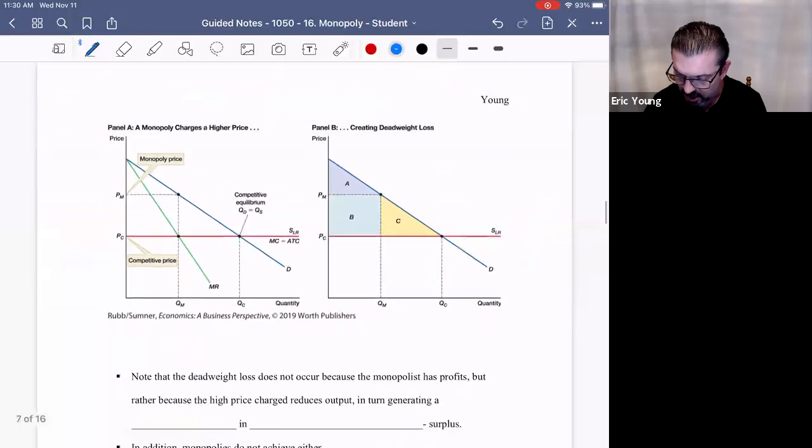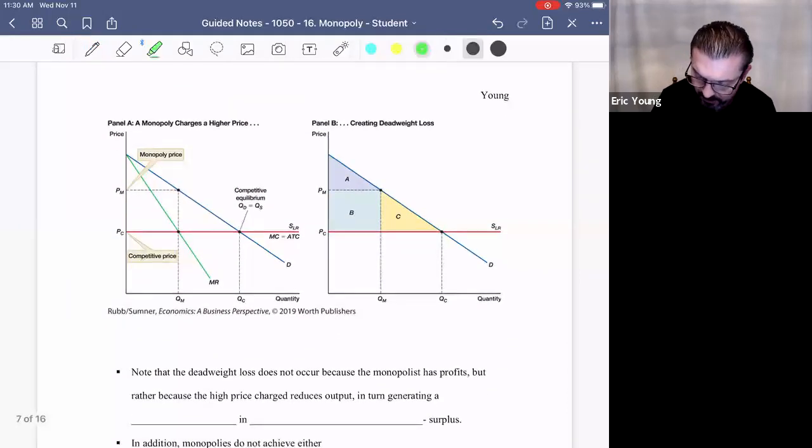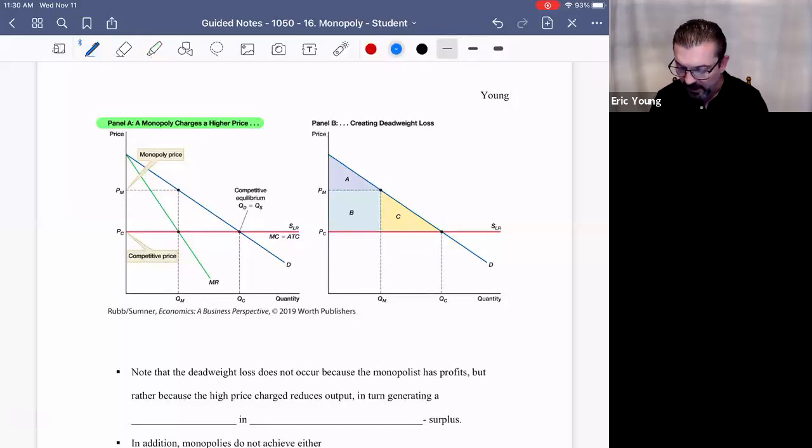Take a look here at this chart. In panel A, we've done a somewhat simplified chart. You see that we have a downward sloping demand curve here, and we have the downward sloping MR underneath it. To simplify this model, we drew the marginal cost curve perfectly flat.